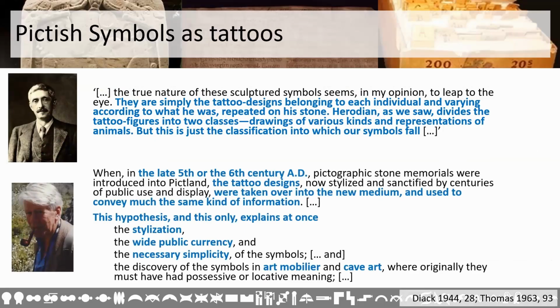In the 60s, Charles Thomas claimed something similar, that in the late 5th and 6th centuries, the tattoo designs were taken over into the new medium of inscribed pillar stones and used to convey much the same kind of information. And he went further to say that this is the only hypothesis that explains the stylization, the wide public currency pre-monumentally of the symbol system, the necessary simplicity of the system, and also their context in portable and cave art context.